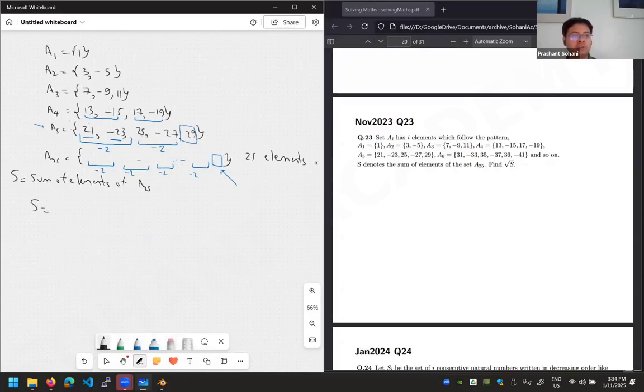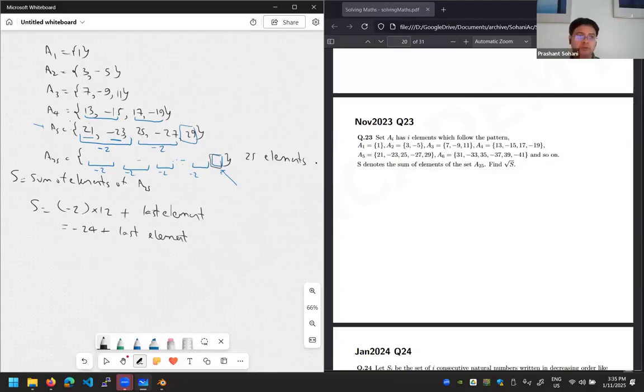So S is just -2 repeated 12 times plus the last element. So that is -24 plus the last element. If I find the last element, then I know the sum of the entire set.